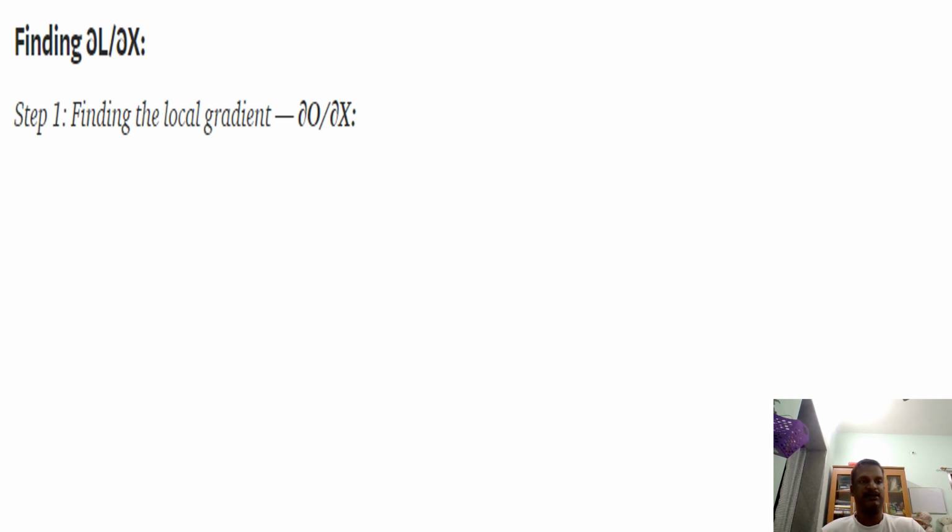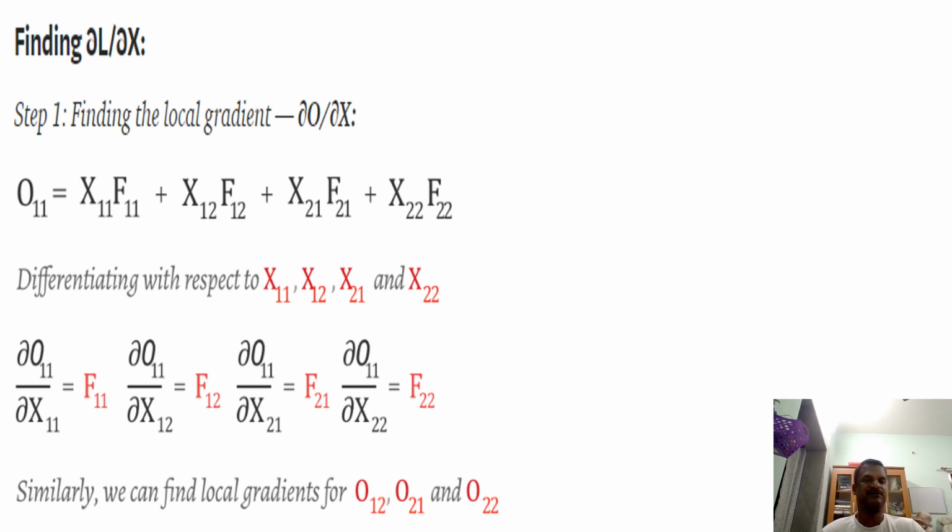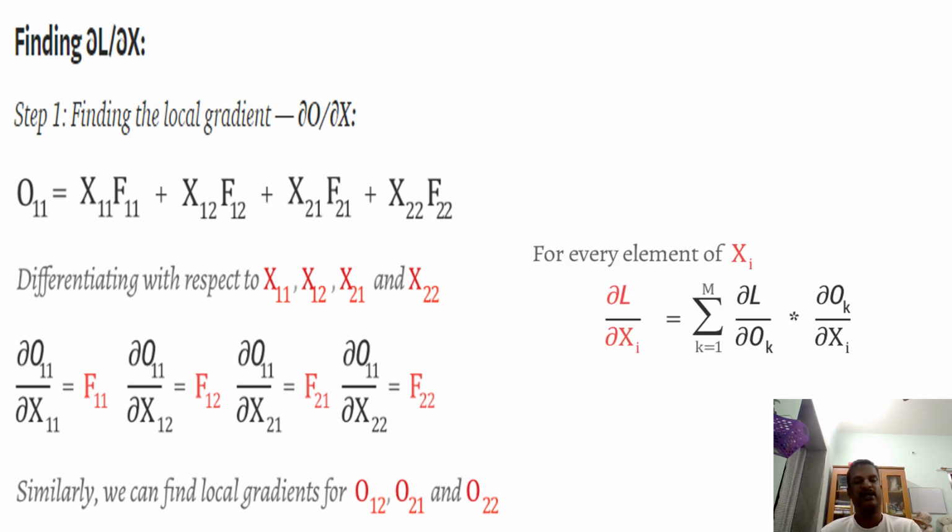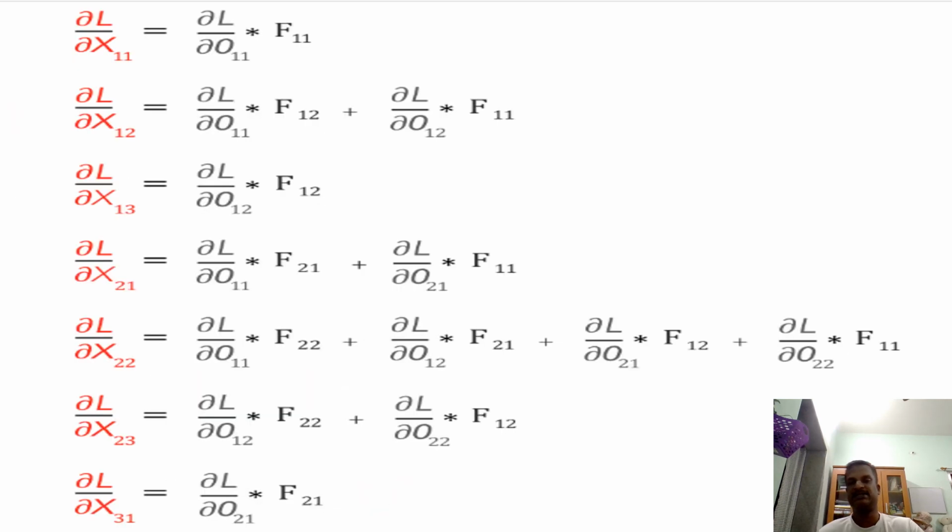Now we'll come to finding dou L by dou x. For finding dou L by dou x, first you need to find dou O by dou x. So it is the exact reverse of the previous step. Previously we had dou O by dou f, which is equal to x. Now it is dou O by dou x, which is equal to f. So again the same expression for different parameters of x.